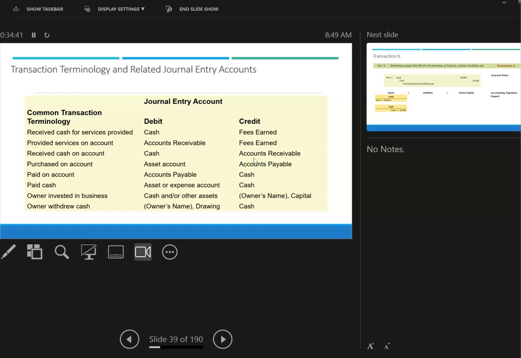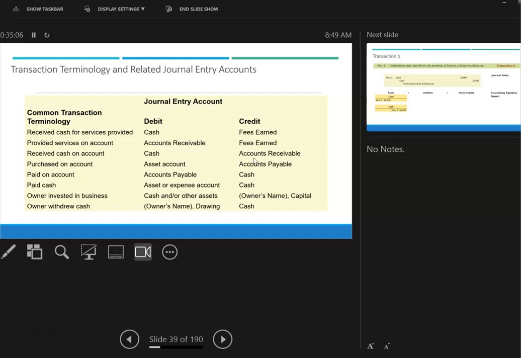We did an oil change. We provided a service on account. What does that mean, on account? They didn't get our cash yet, right? So what would happen in that? Accounts receivable, which is an asset, increases, and our fees earned increase, don't they?